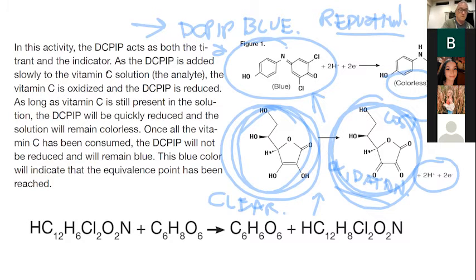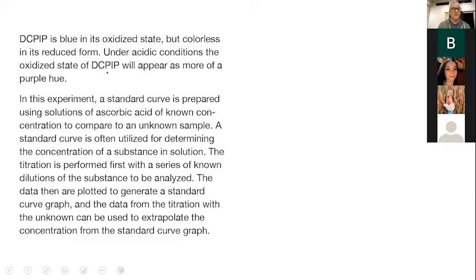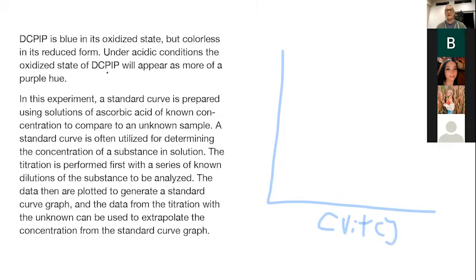So we're going to make a standard curve, and the standard curve will be amounts of vitamin C. You're going to make, I think, four different concentrations: 0.5 mg per mL, 1, 1.5, and 2.